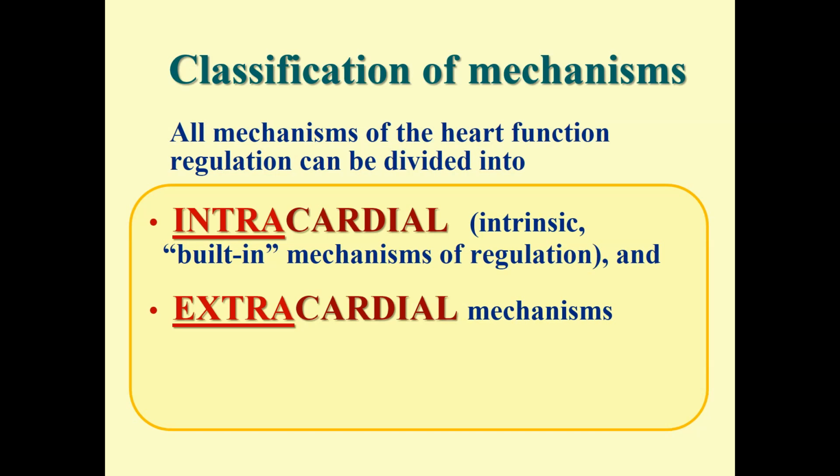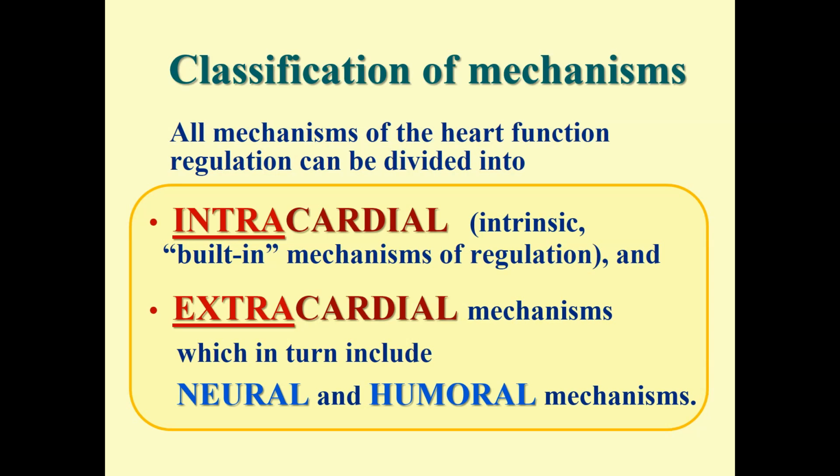As for extracardial mechanisms, they in turn can be divided into two groups, as usual, types of regulation division, which include neural and humoral mechanisms. Neural by nervous system, by nerves, and humoral mechanism by something that goes through fluid, humor, which means by hormones, by biologically active substances that can act through receptors.